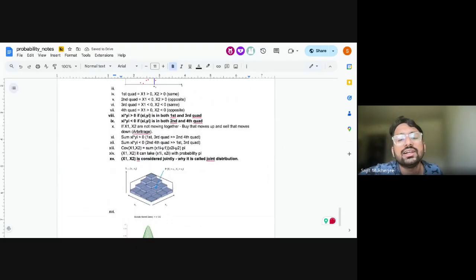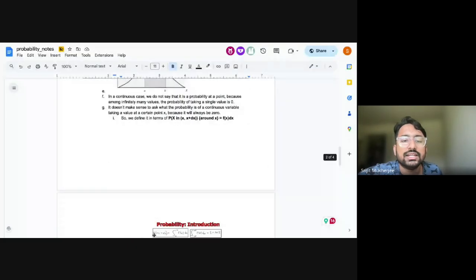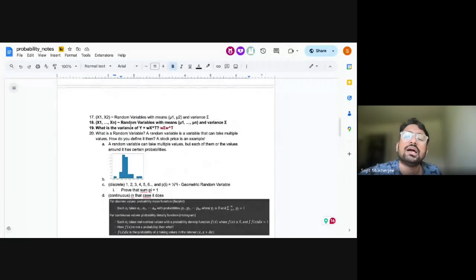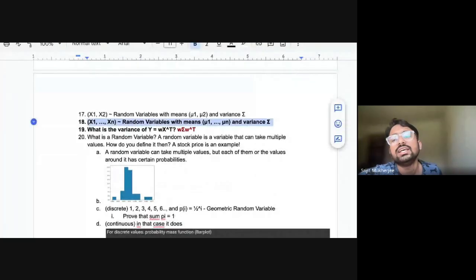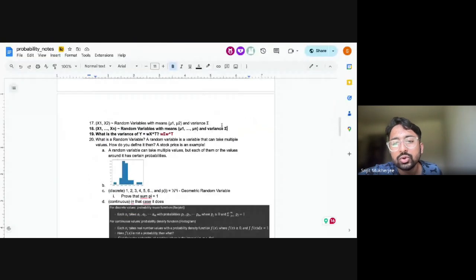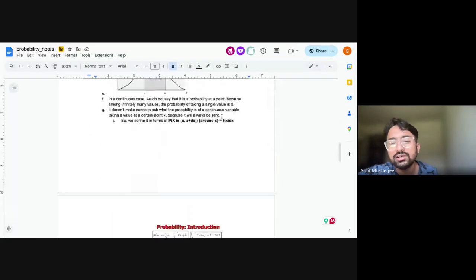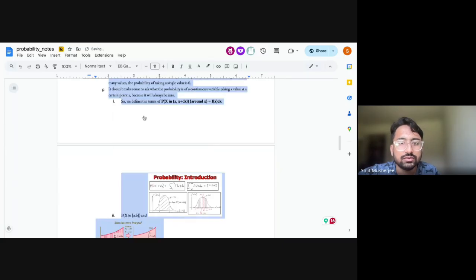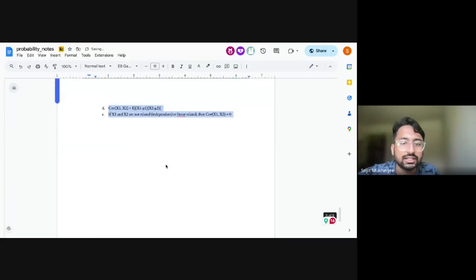That's how we write this. Because whatever random variable we take, it's always important to have a mean and a variance. The mean is mu1, mu2 up to mu n, and the variance is sigma. Because we need all that for all the distributions.